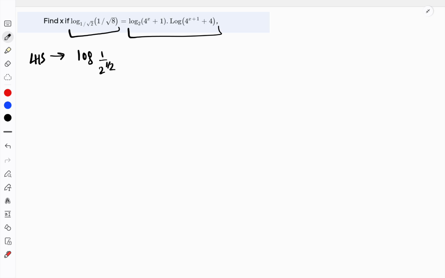And similarly for this I can write 1 by 8 power 1 by 2. So far so good. Alright, now how do you go to the next step?